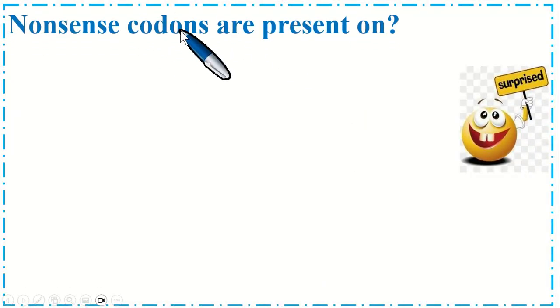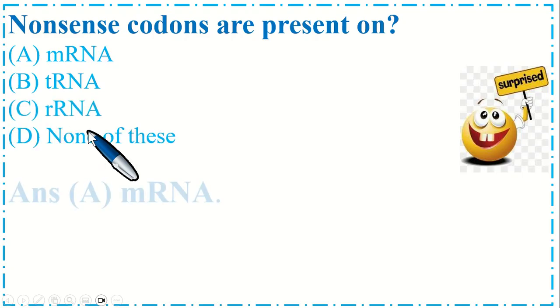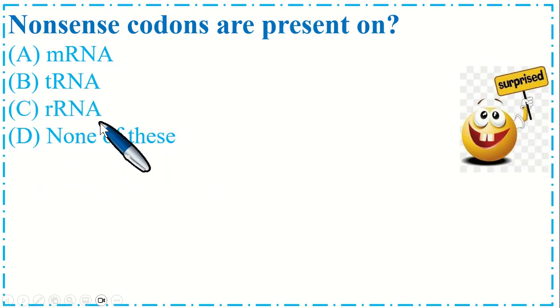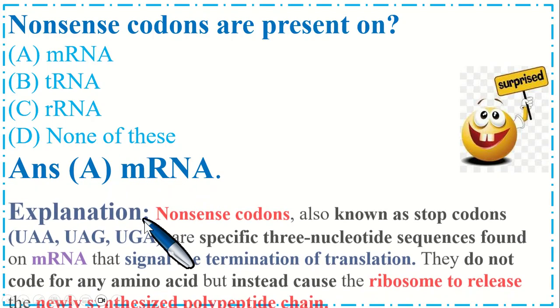Nonsense codons are present on option A, mRNA, B, tRNA, C, rRNA, and option D, none of these. So the correct option is A, mRNA.